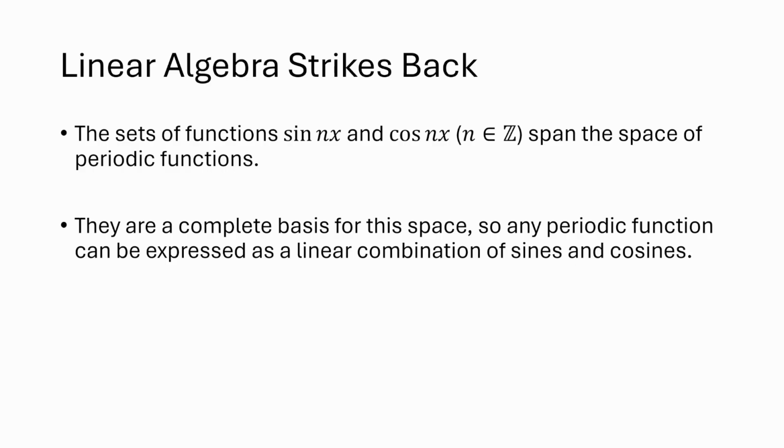So what we're saying in linear algebra language is that the space of periodic functions is spanned by sine nx and cosine nx. That means that they form a basis for the space, and a linear combination of those basis functions can be used to build up any periodic function.